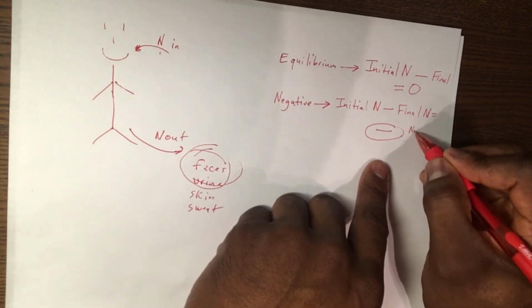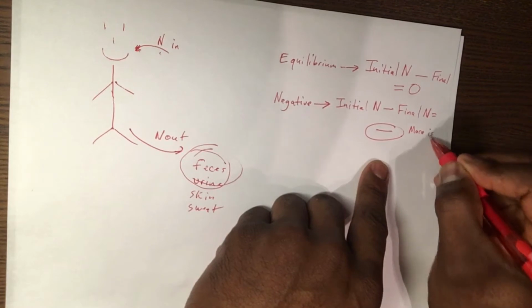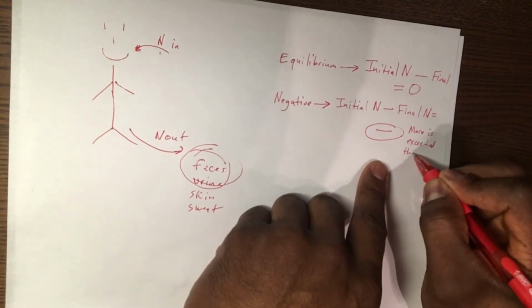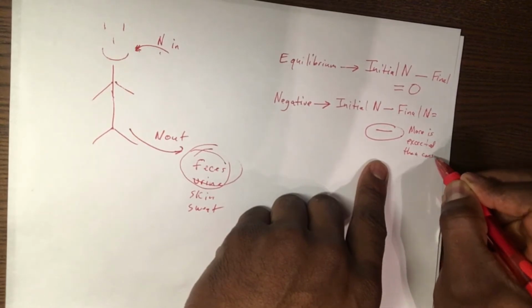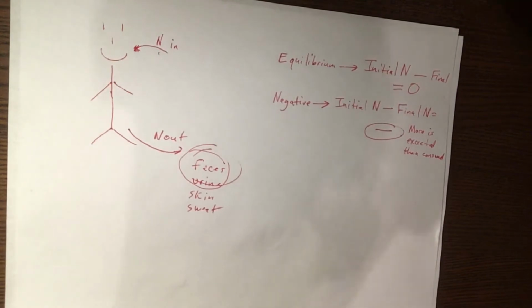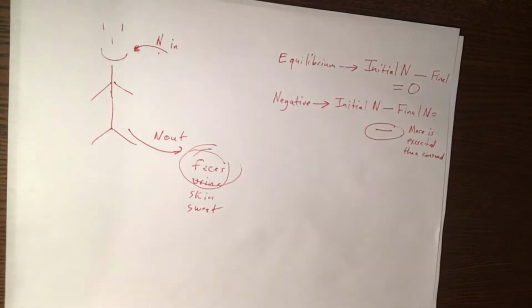So more is excreted than consumed. And remember that protein is reflected by the nitrogen content, which is, for every 1 gram, 16% of that 1 gram is nitrogen.